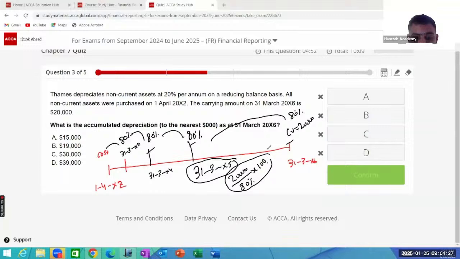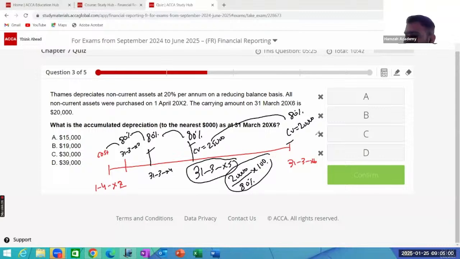Yes, students. 20,000 divided by 80 into 100 is 25,000. So on 31st March X5, the carrying value was 25,000, and they take 80% of it and have 20,000 at X6.